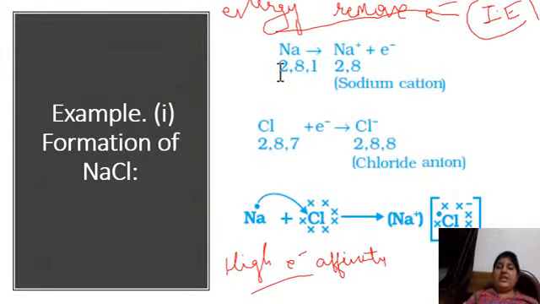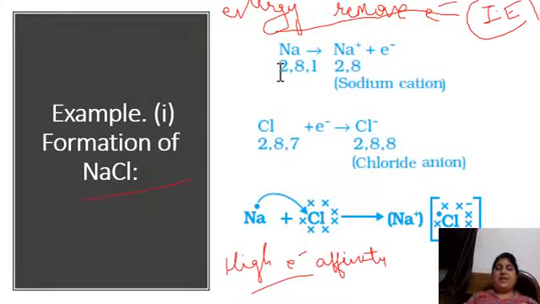So similarly, एक atom electron lose कर रहा है, so there will be another atom which is gaining that electron. So जितनी ज़्यादा high electron affinity होगी, उतनी easily that particular atom will gain the electron. ठीक है? I hope it is clear to you.